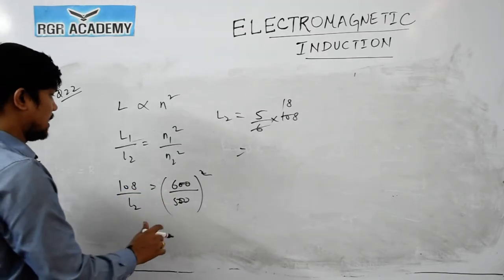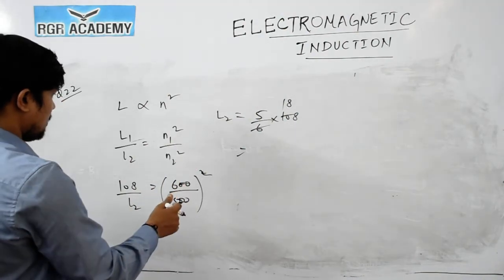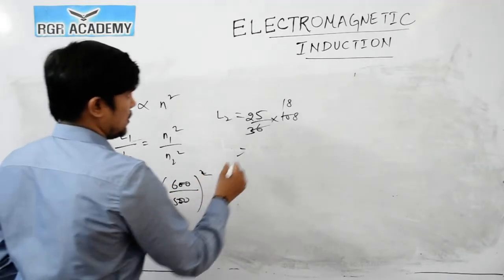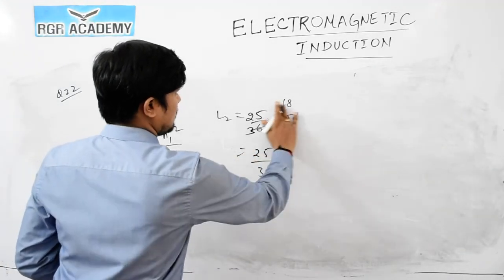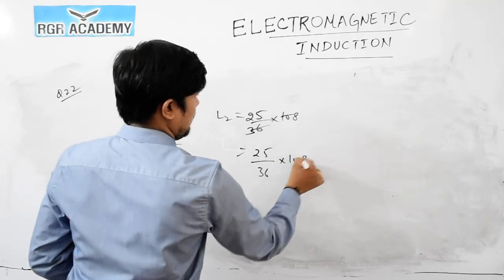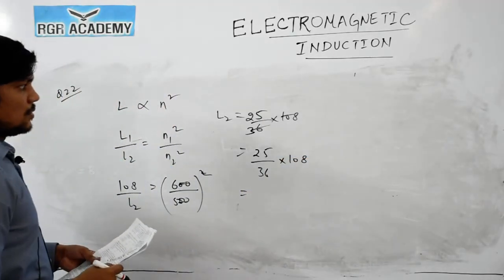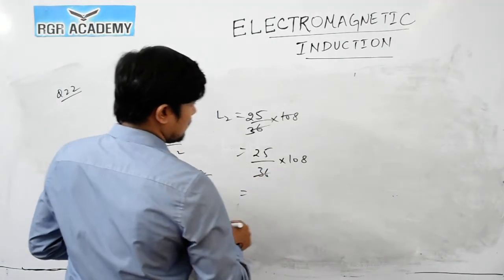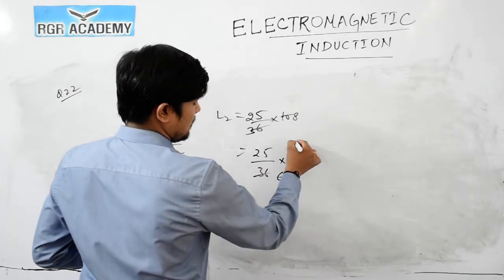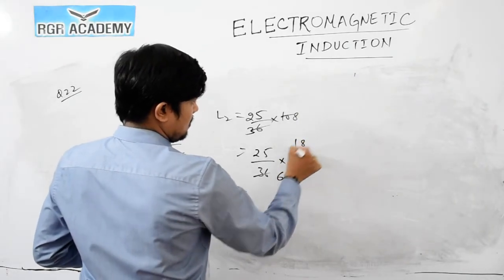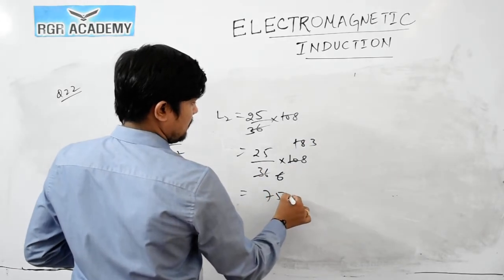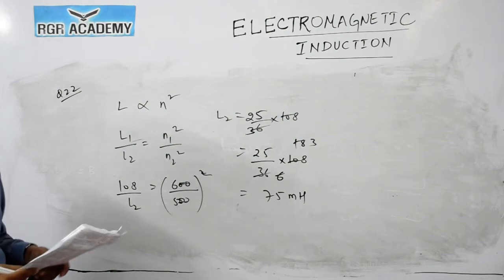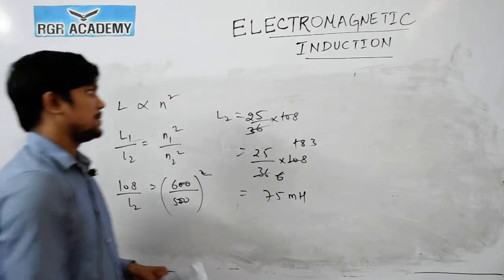So the zeros will cancel out, and L2 will be equal to 25 by 36 because of the square we have here. So this will be 25 by 36 into 108. Clear? So this will cancel, 6 times 6, so it will be 75 millihenry. If you check the options, option number 3 will match. Now question number 23.